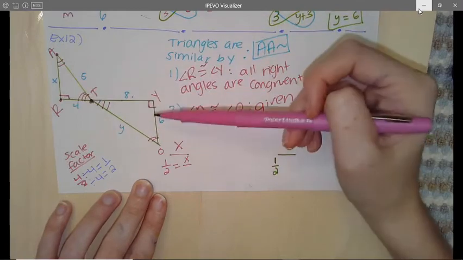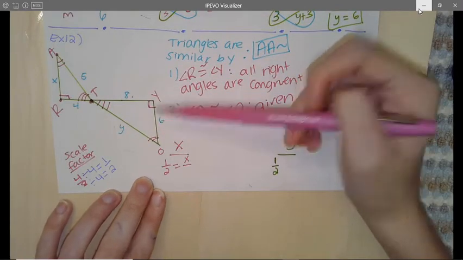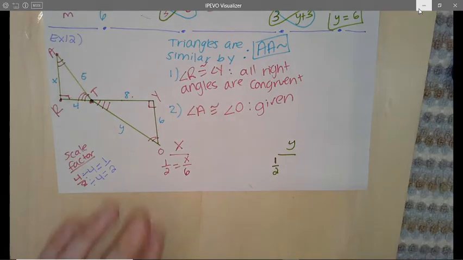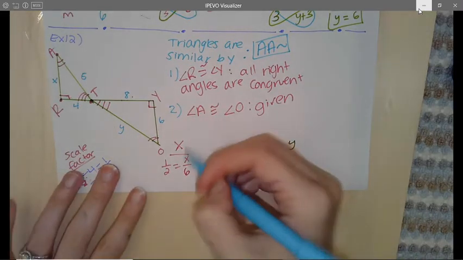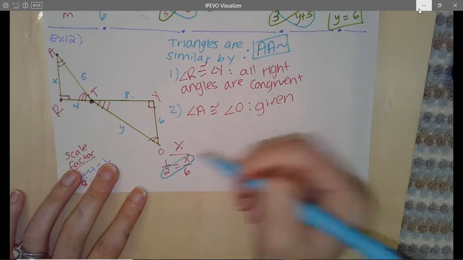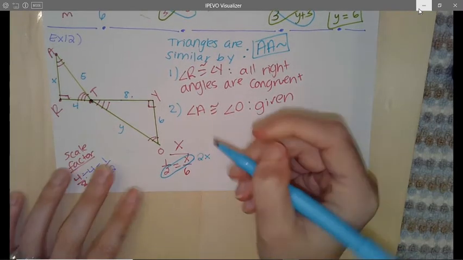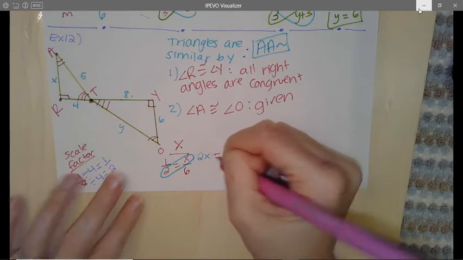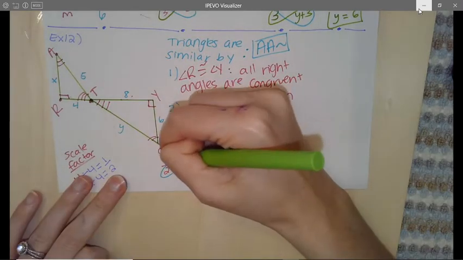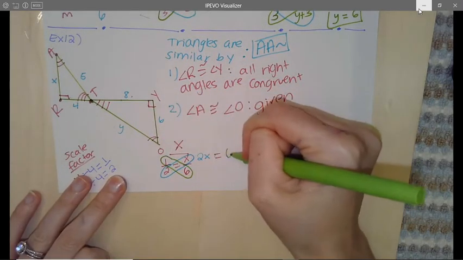So the side in between the 2 arcs and the right angle is the 6. So I'm going to write it over 6. And then all we got to do is cross multiply, then we'll be done. So 2 times X gives me 2X, and that will equal 1 times 6, which is 6.